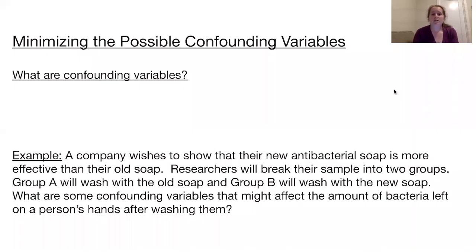Step is minimizing the possible confounding variables. So first off, just what are confounding variables? Confounding variables are variables that we are not specifically studying. So it's not the response or explanatory variable.